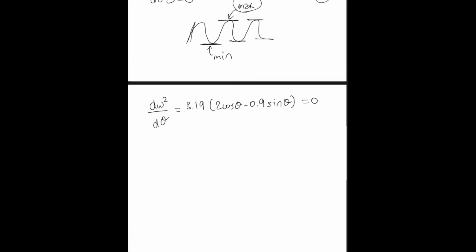So that means that for a maximum angular velocity, theta is going to be equal to arctan 2 over 0.9, because this is basically going to go to 0, and what's going to be left is 2 cosine theta is equal to 0.9 sine theta, and once you rearrange that, you get 2 over 0.9 equals tan theta, which then when you solve becomes arctan 2 over 0.9.